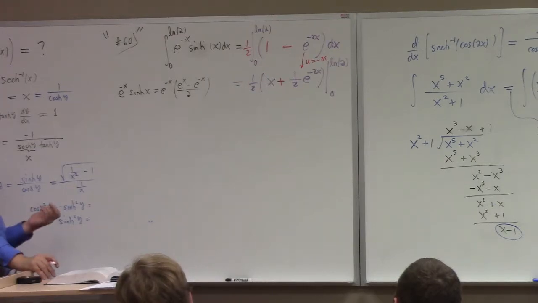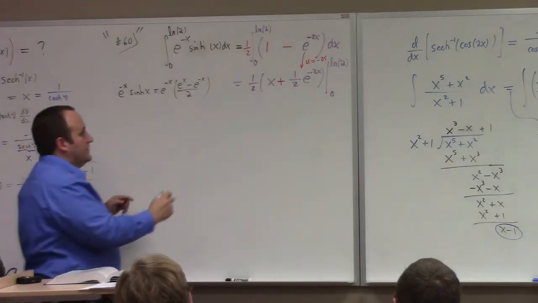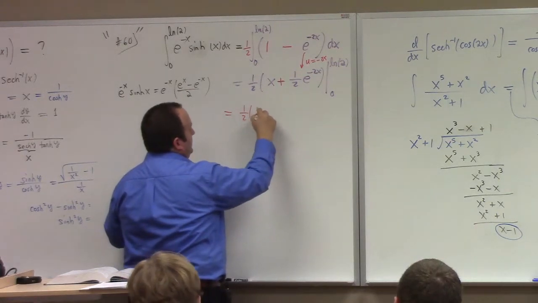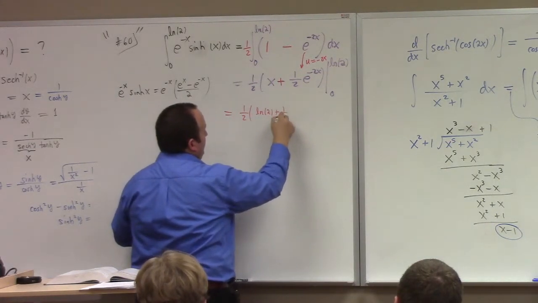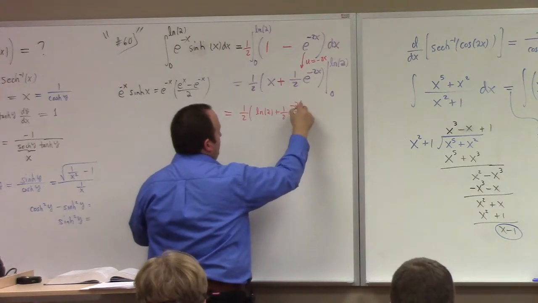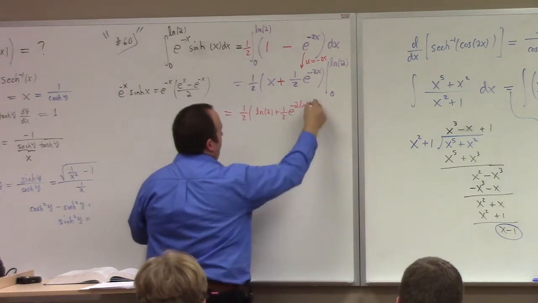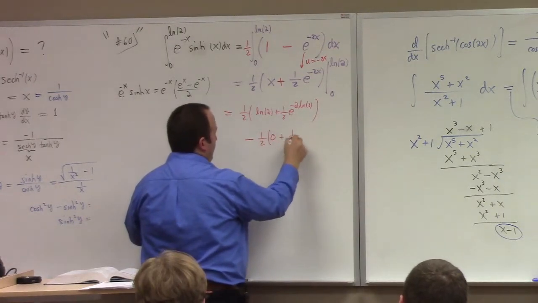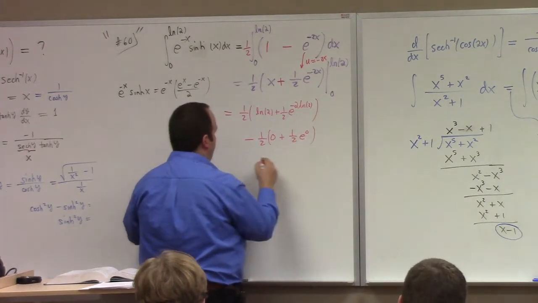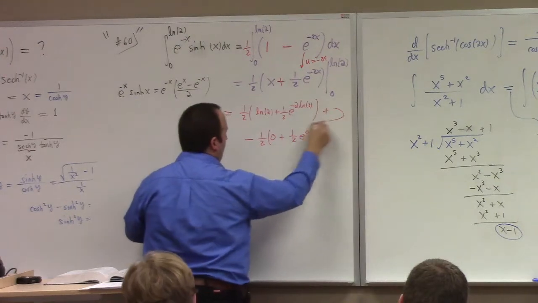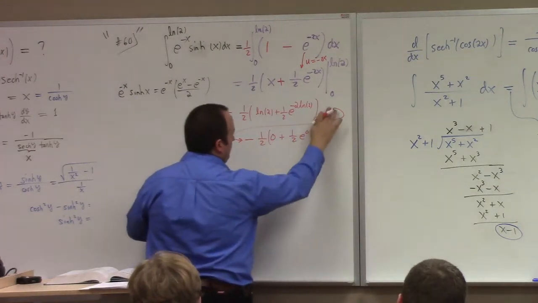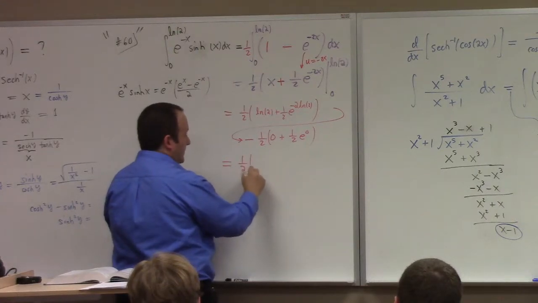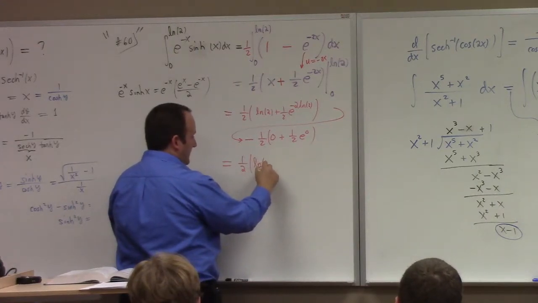Of course, then we have to do the fundamental theorem of calculus, right? So that's like what? 1/2 log 2 plus 1/2 e to the minus 2 log 2, right? Minus 1/2 times 0 plus 1/2 e to the 0. Well, so what's that? That's 1/2. Looks like I got a log 2.